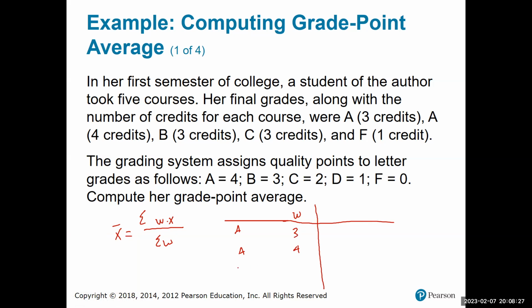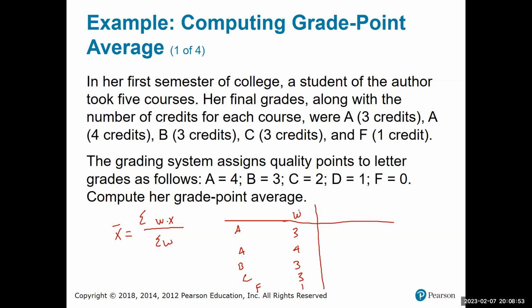We got a B in a 3-unit class. We got a C in a 3-unit class. And we got 2 A's, a B, C, and an F. And an F in a 1-unit class.